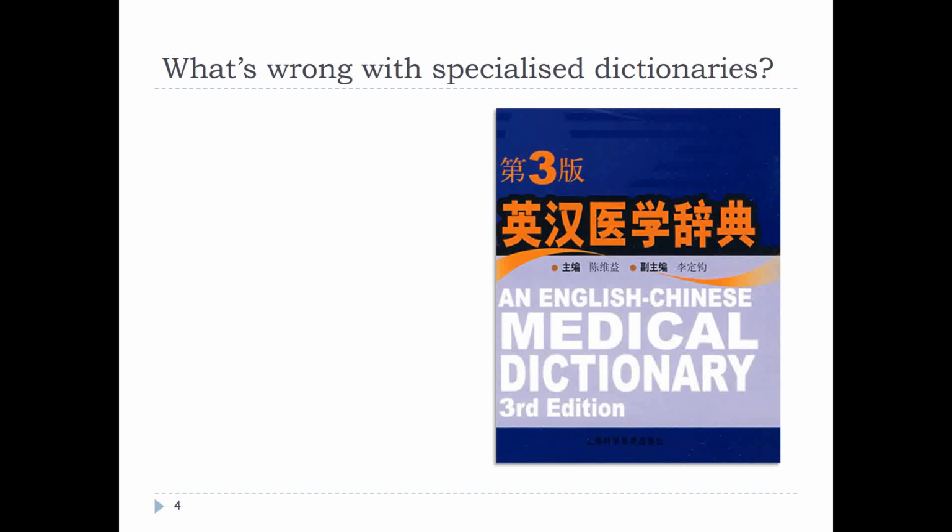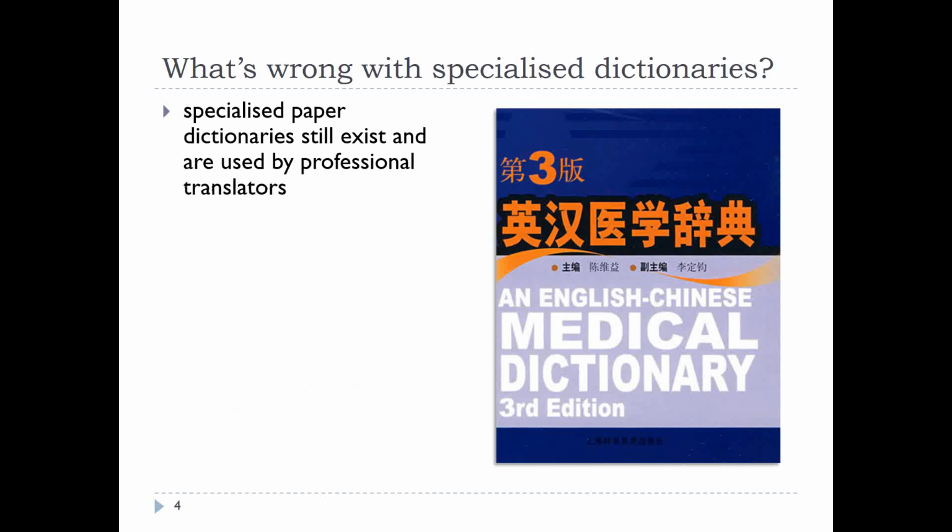But first of all, you might be wondering what is wrong with specialized dictionaries. You may possess a paper dictionary, but you're not likely to own one which is specialized. So focusing, for example, on scientific vocabulary or economic or medical vocabulary. Such things exist and are indeed used by professional translators.